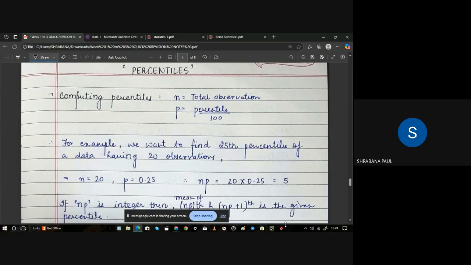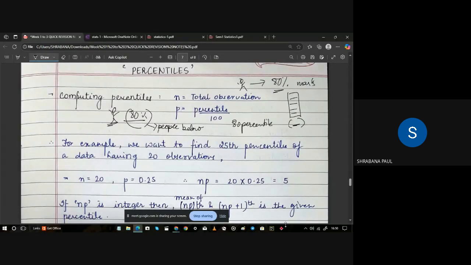What is percentile? Just for example, a student got 90 percentile, it means that 90% of the students are below him, below her. Just say a person got 80%, that means the percentage of the grand total of the subject is 80%. But if we say the person got 80 percentile, it means 80% of the people are below that person. 80% of other students are below that particular guy who has got 80 percentile.